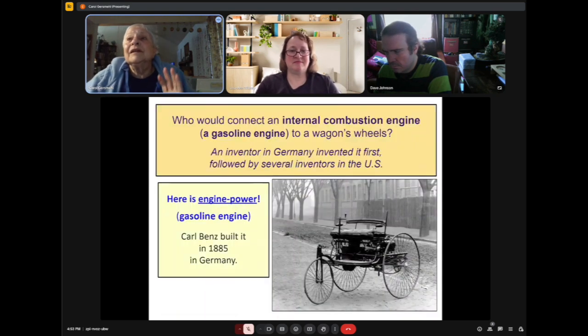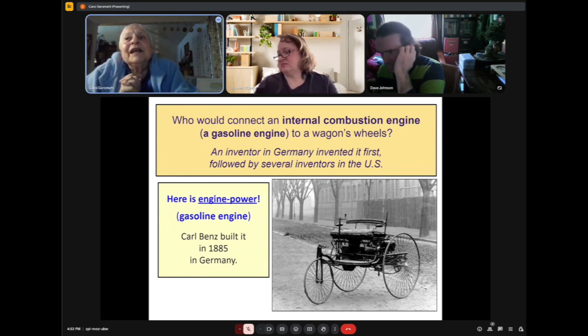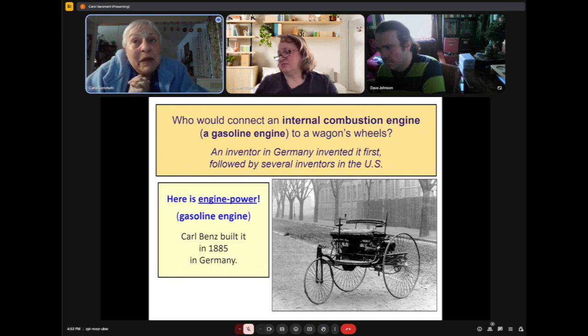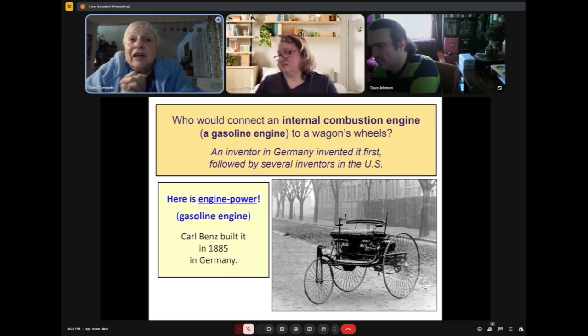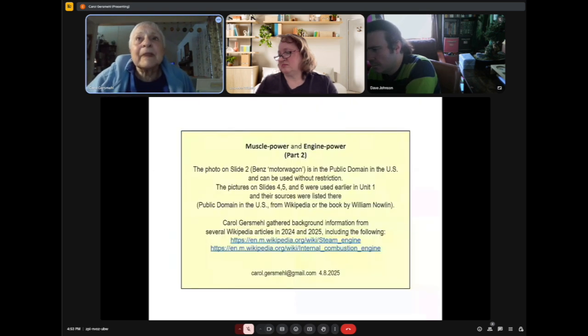This is what, essentially in a small version, Mr. Benz was successful in first making, the little gasoline internal combustion engine, and then hooking it up to wheels.